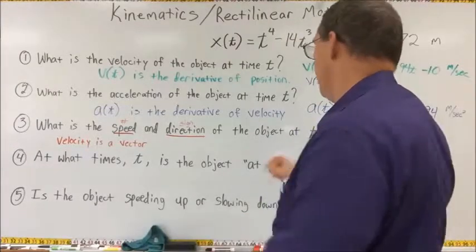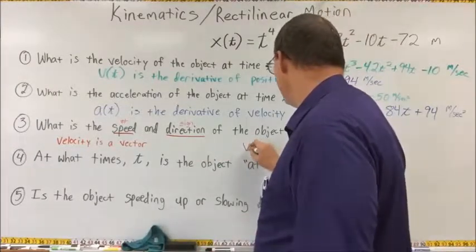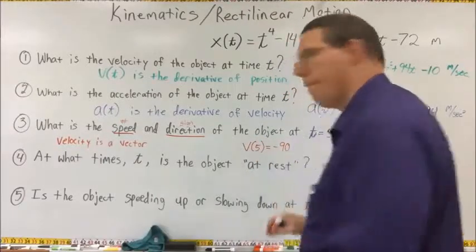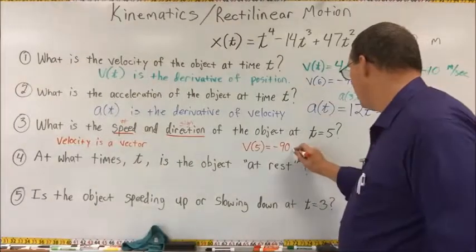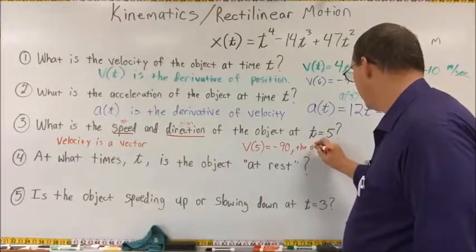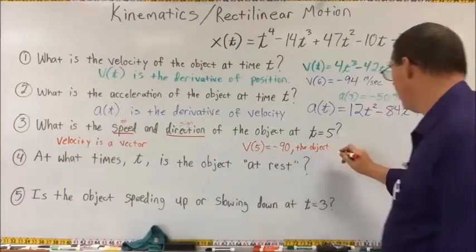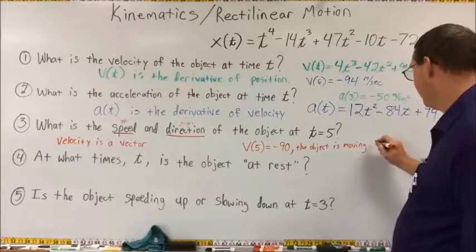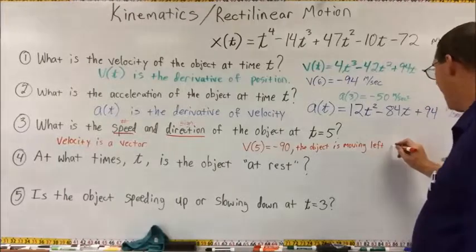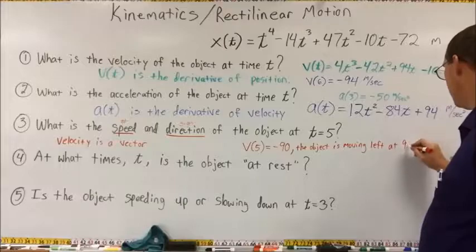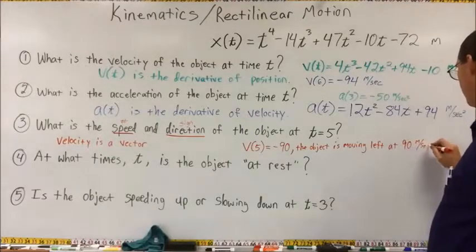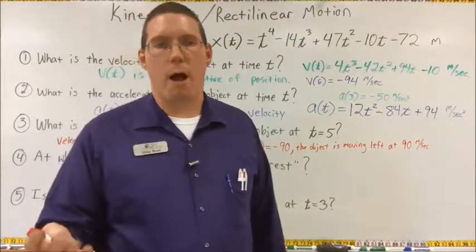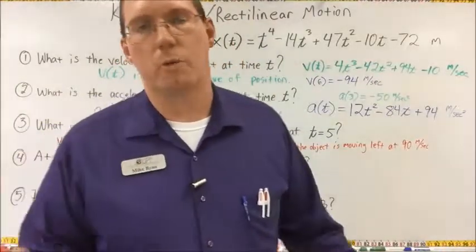I'm going to say that V of 5 equals negative 90, and therefore the object is moving left at 90 meters per second. Moving left at 90 meters per second. Now, if I give you a problem, if I don't give you units, then you just don't have to put the units.